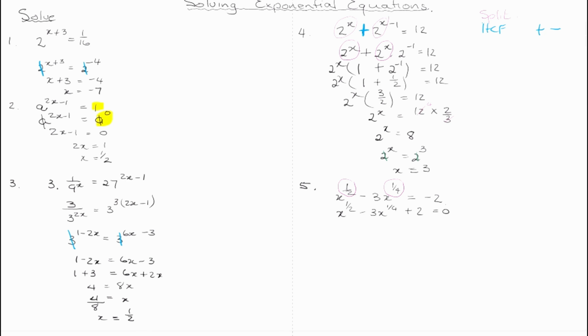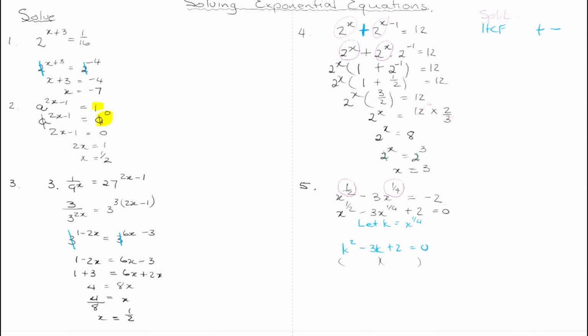The majority of teachers teach this with k substitution. So I will do the same. So we're going to say let k equal x to the quarter, the smallest. Which then gives me x to the half will now be k squared minus 3k plus 2, which is a quadratic, a very easy one.